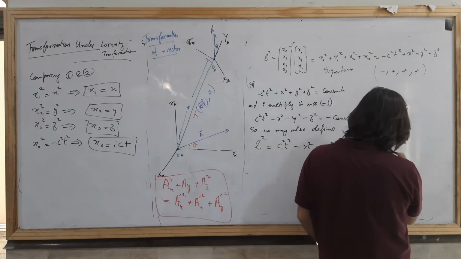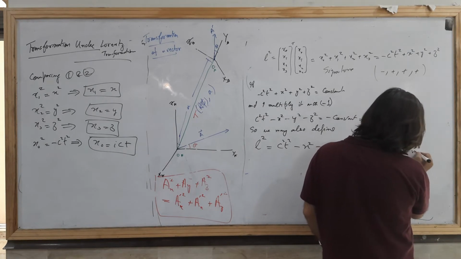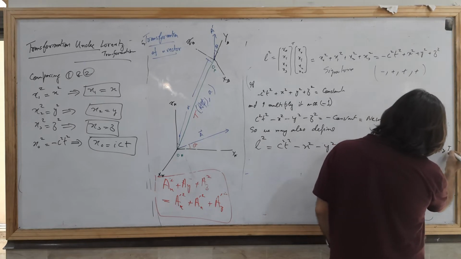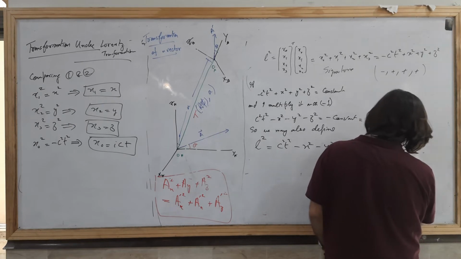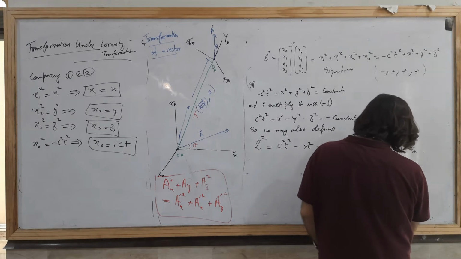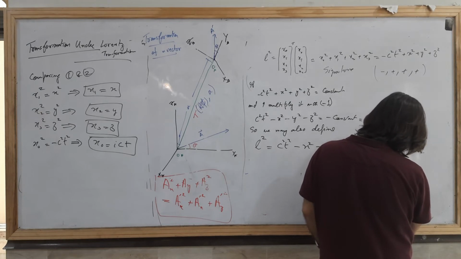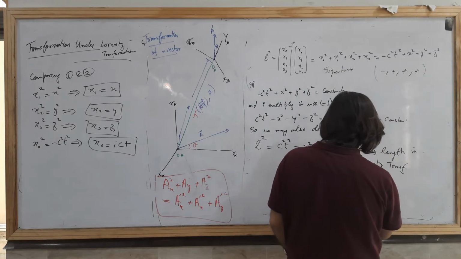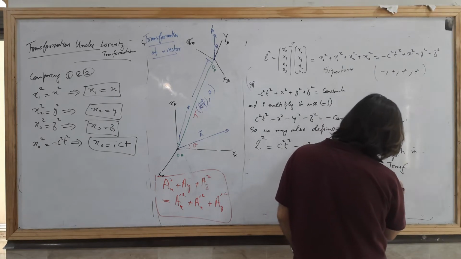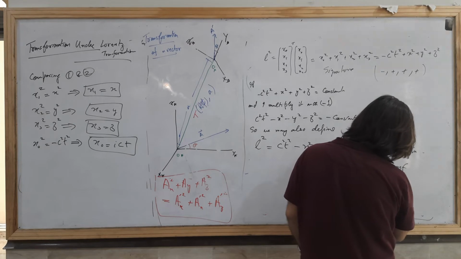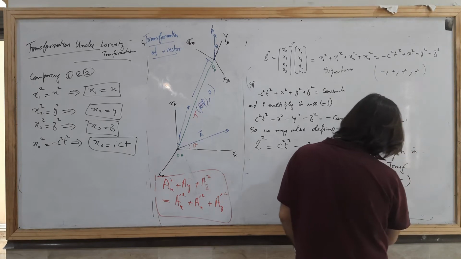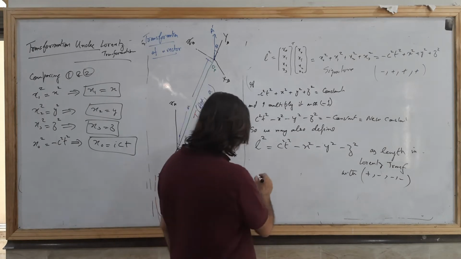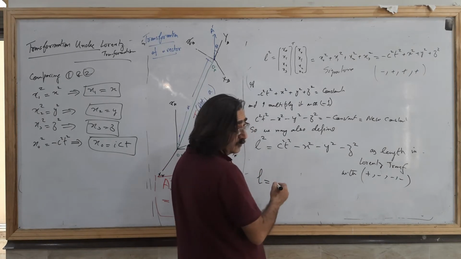as the length in Lorentz transformation with signature plus minus minus minus. In that case, what will be the vector L?